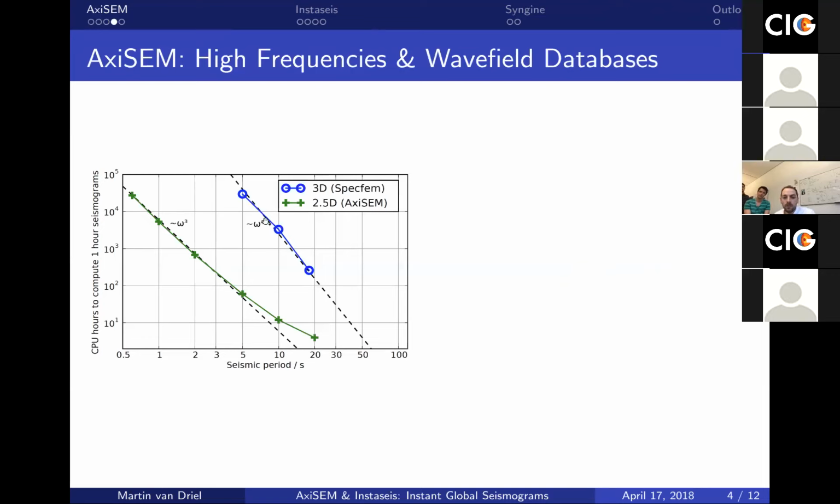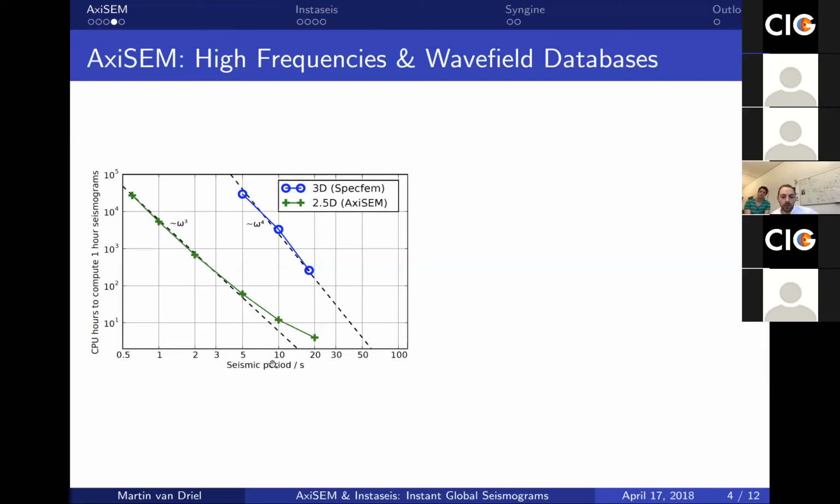What you can see is that the scaling in SpecFEM, as you would expect for a fully time and space discretized method, goes with the power of 4. So you have 3 space dimensions and 1 time dimension. If you refine your mesh, you also have to decrease the time step. And in AxiSEM, you get away with the power of 3, which is the 2 space dimensions of the numerical domain and the time.